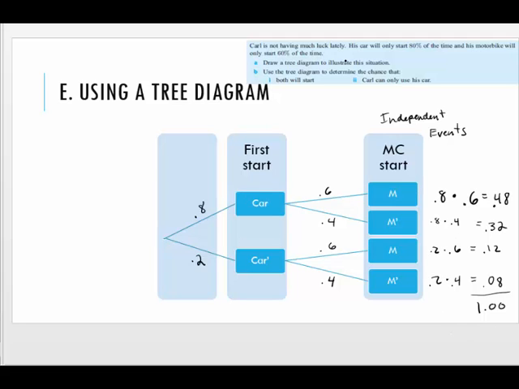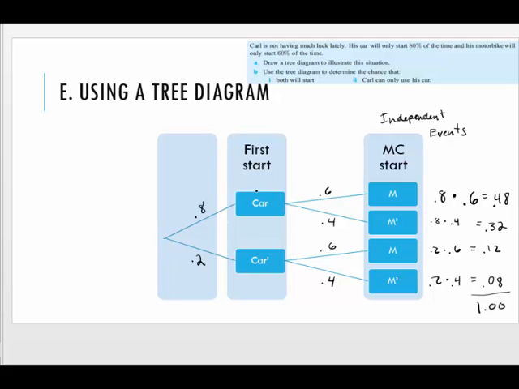So it says, draw a tree diagram to illustrate the situation. Use the tree diagram to determine the chances that both will start. We just did that. Car starts, motorcycle starts, it's a 0.48 probability. It says, Carl can only use his car.